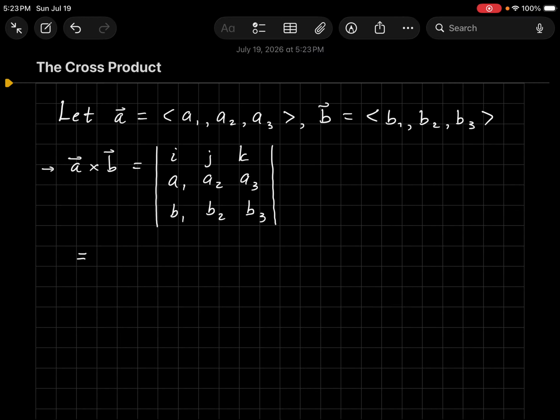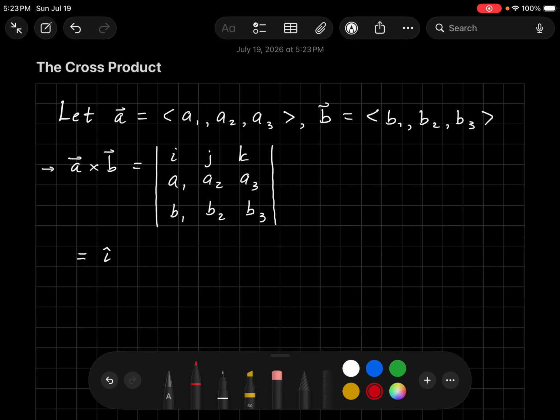So what we do is we take really any element, but I'm going to take the first row one at a time, meaning I'm going to take the unit vector i, and then we want to cross out the row and column that has the i, like that.